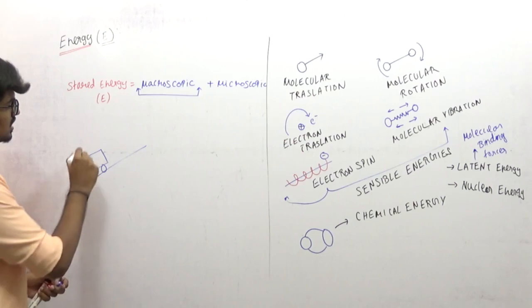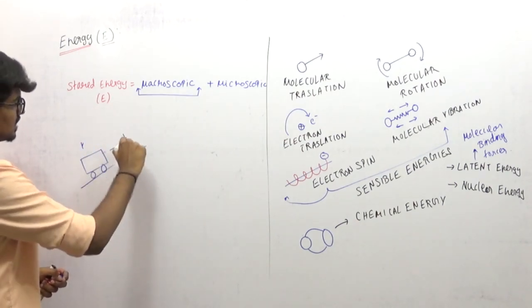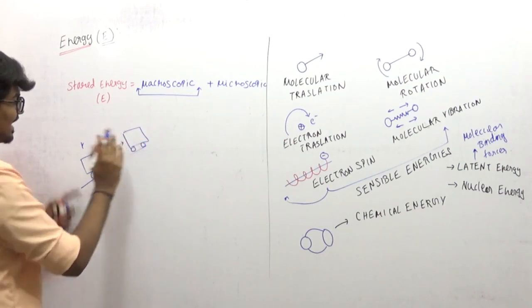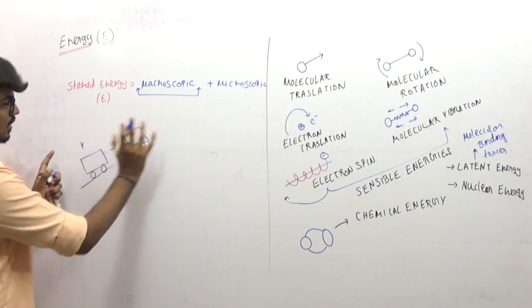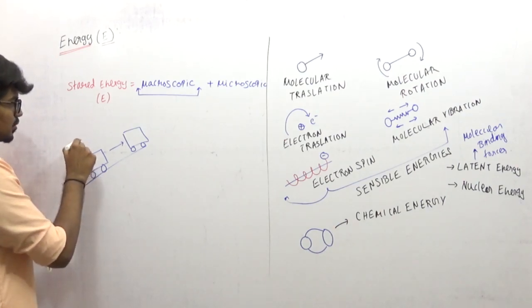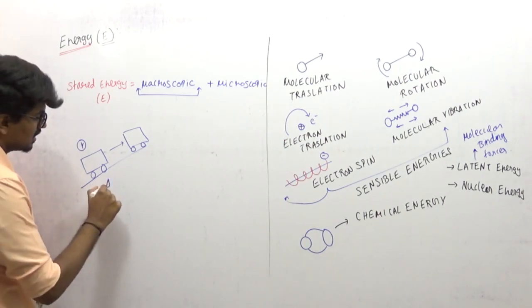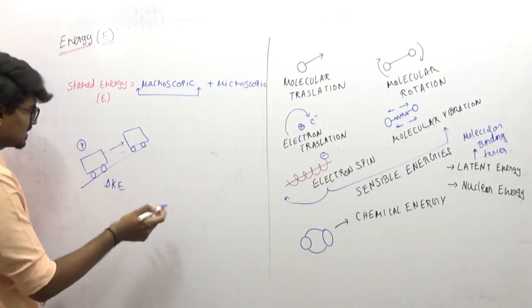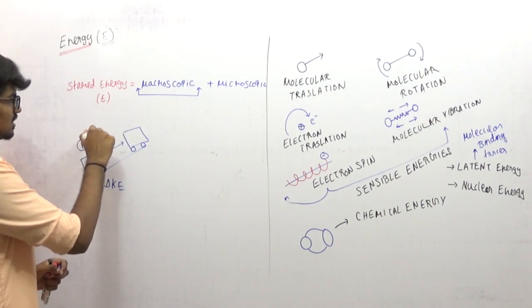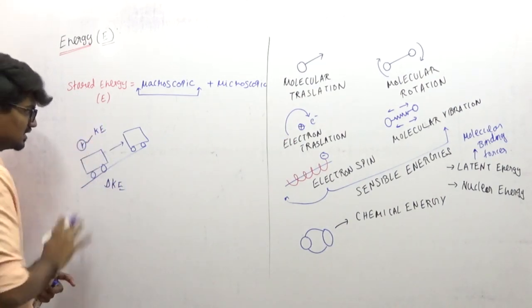Initially the bus will have some velocity. Once it is climbing, the velocity will change. As a whole, this bus velocity will change, and corresponding to this velocity change there will be kinetic energy changes. The energy associated with velocity is kinetic energy.